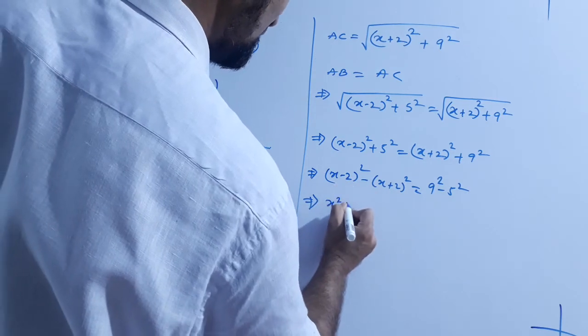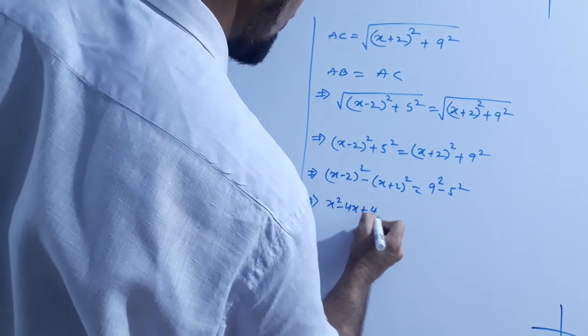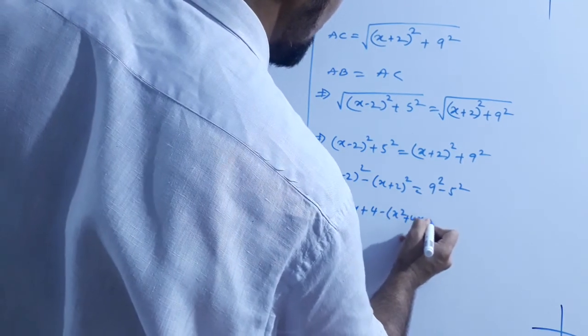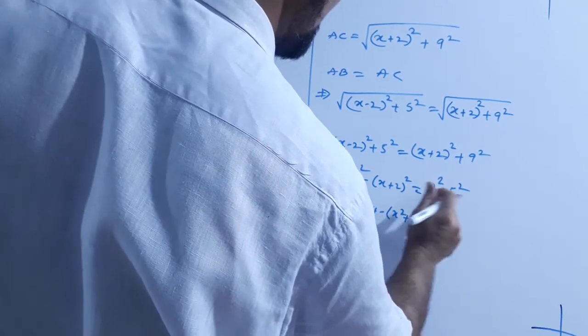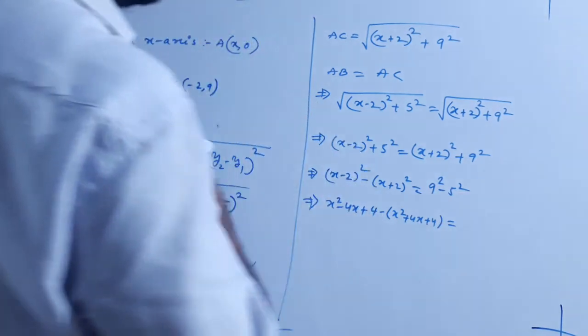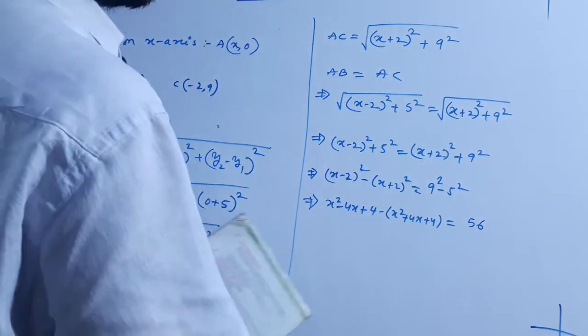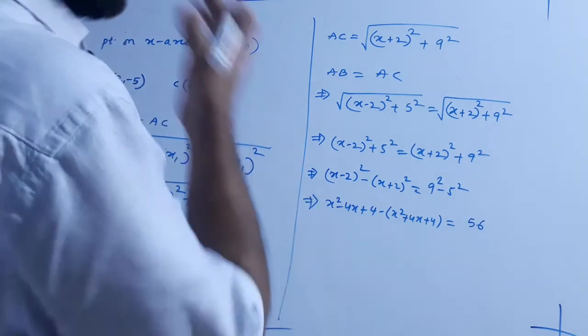x square minus 4x plus 4 minus (x square plus 4x plus 4) equals 81 minus 25. 81 minus 25 is 56. Okay, so 56 plus 25 is 81.